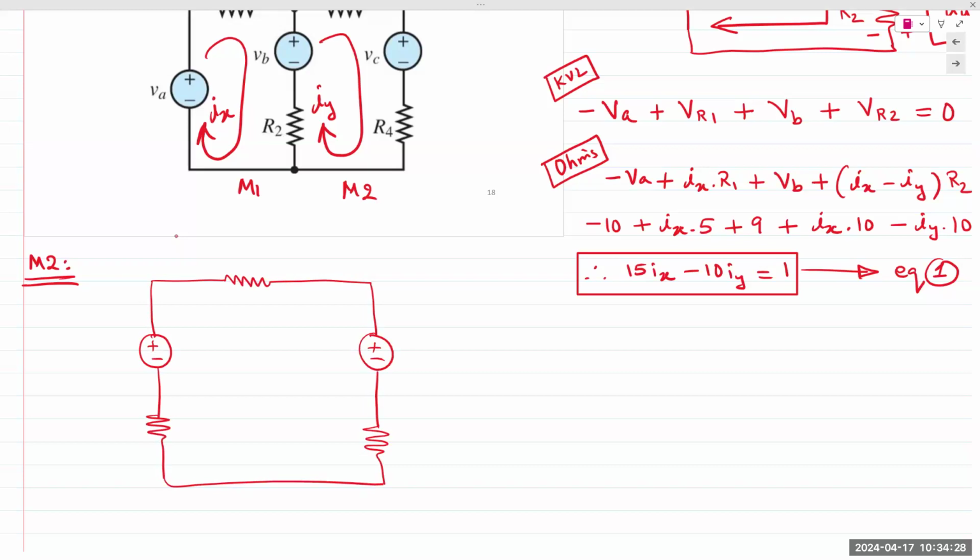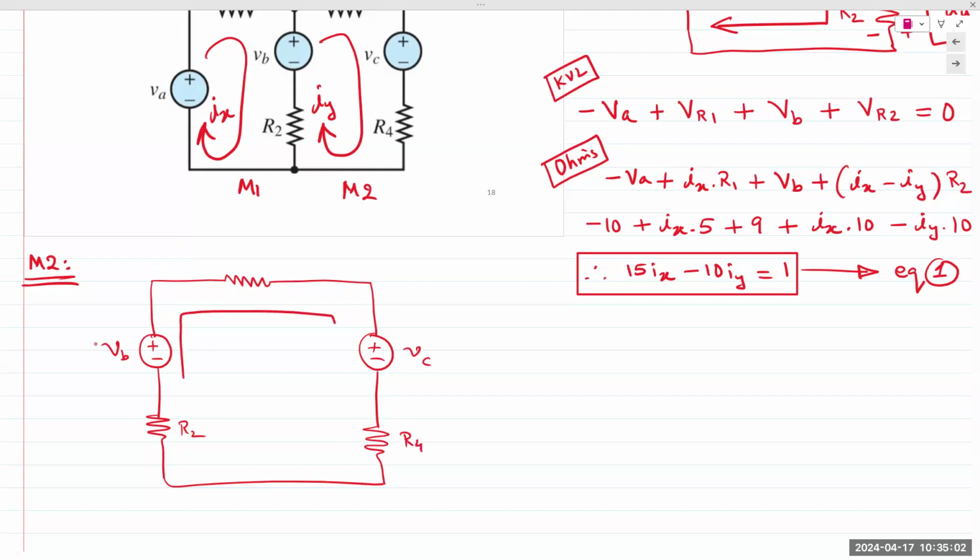When I say draw the circuit large, I do not mean draw the components and everything as large. Large means just space it out enough so that you have space in there to indicate everything, the resistors, the voltages, the branch currents, everything. So in this case, I'm drawing it very large, but the components are not correspondingly large. So here you have VB, here you have VC on the right, you have R2, we can draw R4 on the other side.